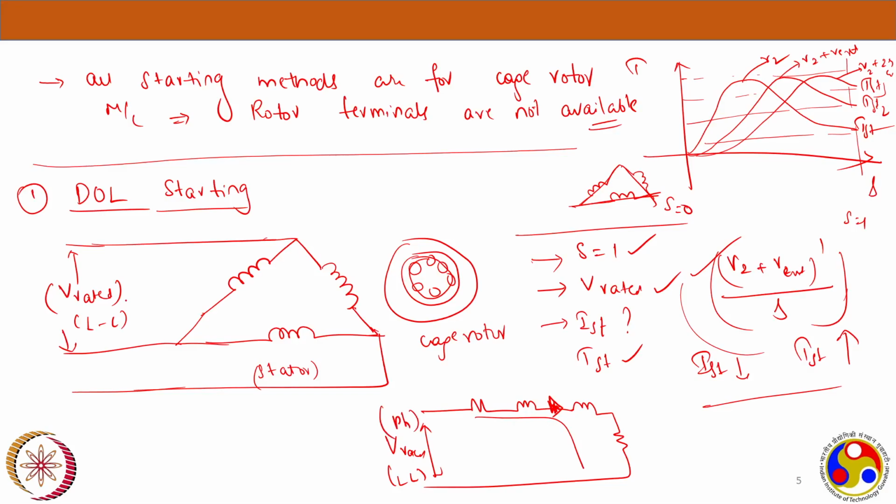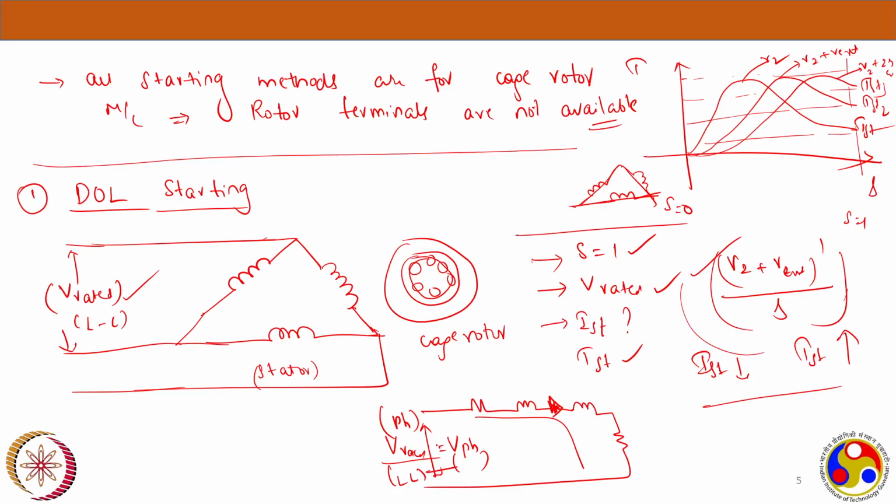And here the voltage which I am giving is the line voltage. Usually in a delta connected system, line voltage is equal to the phase voltage. That we know. So this is V phase, and this is also V line.